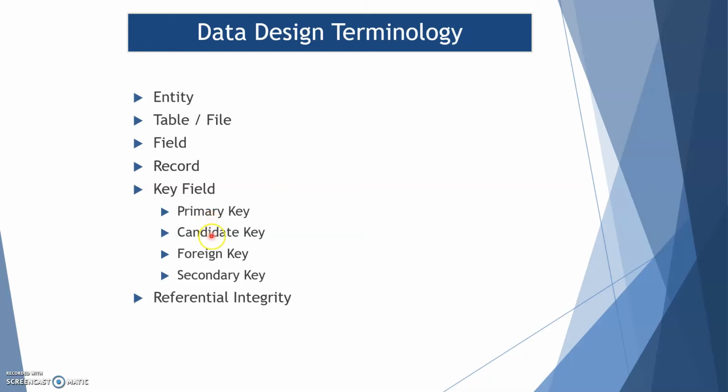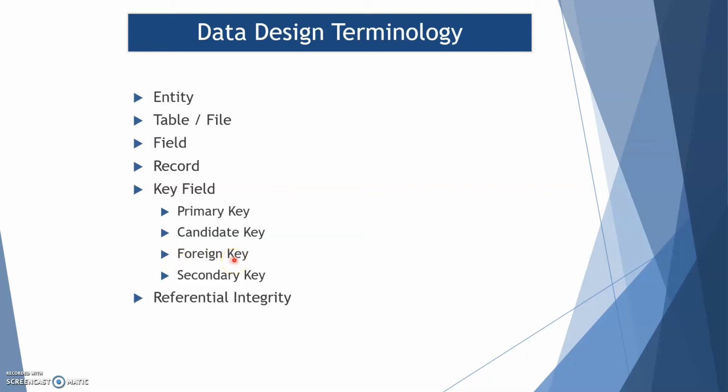For the candidate key, sometimes you may have a choice of a field or field combination to use as the primary key. Any field that could serve as a primary key is called a candidate key. Next we have the foreign key.